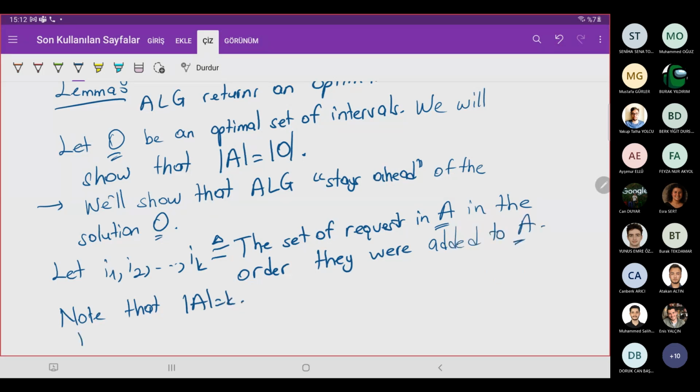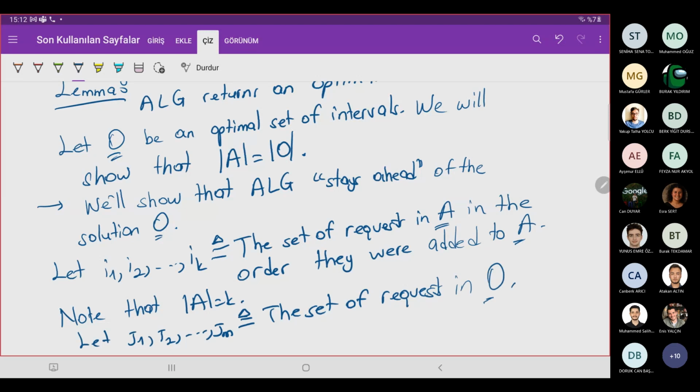Okay, and similarly let J1, J2, ..., Jm be the set of requests in O, the set of requests in the optimum solution, again in the order that they were added to the optimum solution.